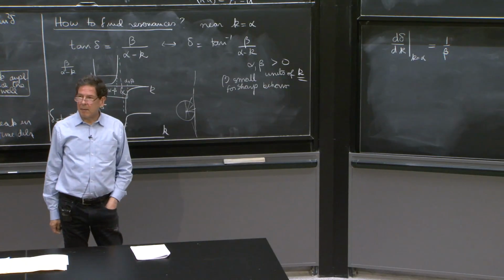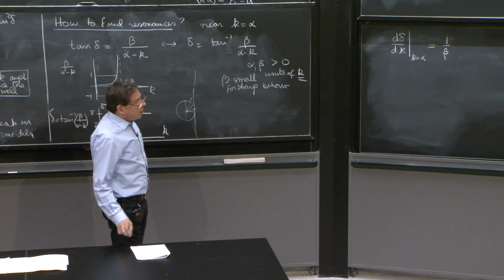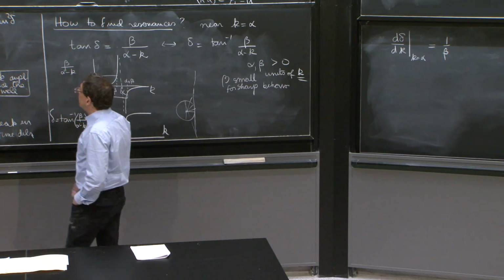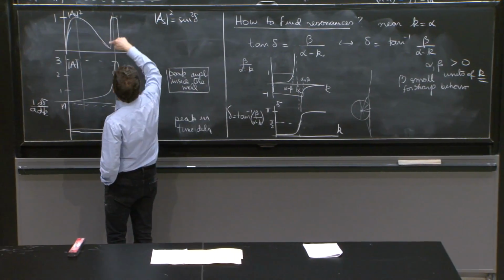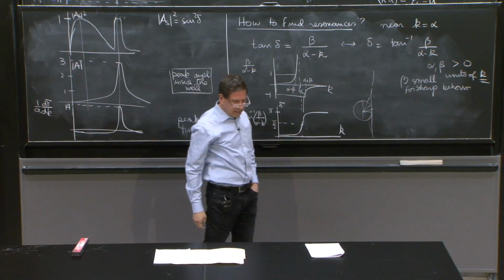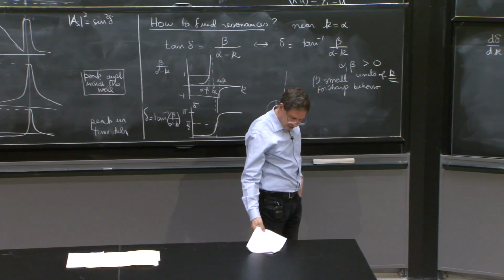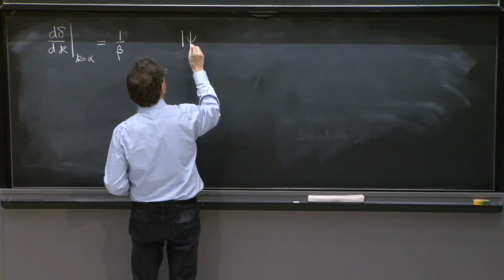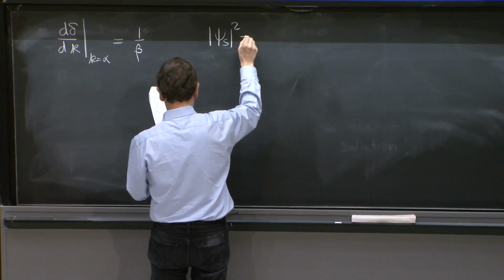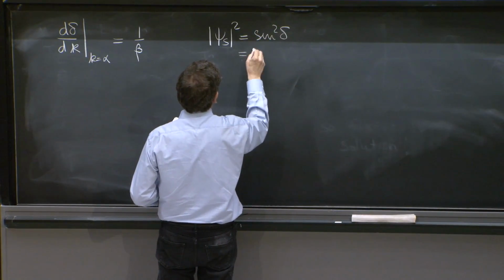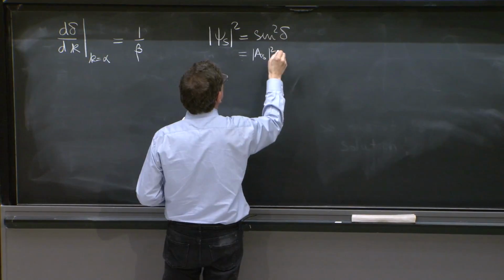1 over beta. The other quantity that is nice to understand is how does the scattering amplitude behave near the resonance. So what is the value of AS squared? That's the absolute value of psi s squared, which is sine squared delta.